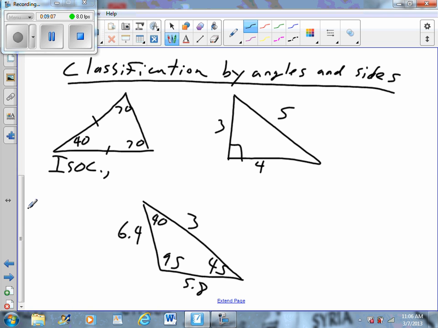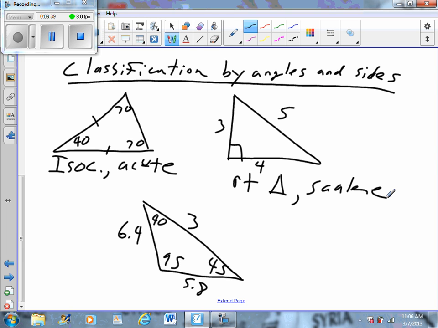So I'm looking at this, and I'm seeing all three acute angles. So this is isosceles, acute. Okay? What about over here? Right? Scalene, okay? Because no two sides are congruent. Right? So you've got a right triangle, and it's also scalene. Right? Smart board's not really working too well on that, but y'all can hear my voice on that.